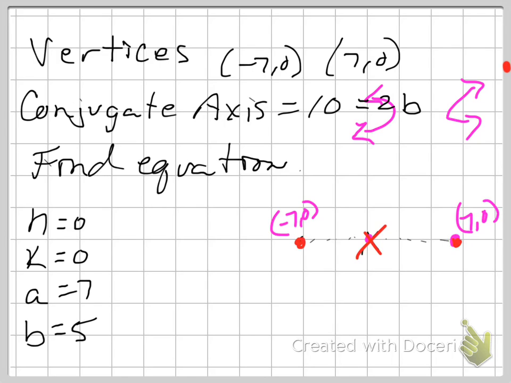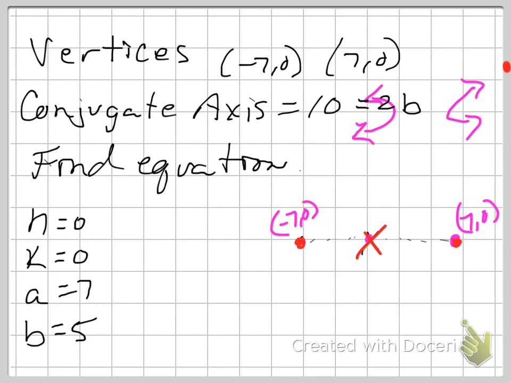So, a is 7, because of that. The distance between these two is a. So we have our values right there, h, k, a, b. h, k comes from the center, b is from the conjugate axis, and a comes from the fact that the vertices are 7 away from the center.